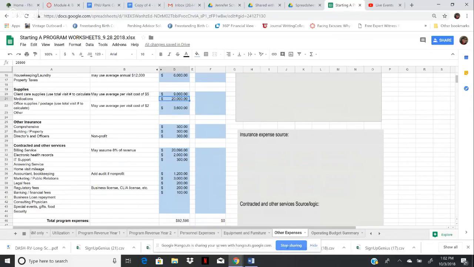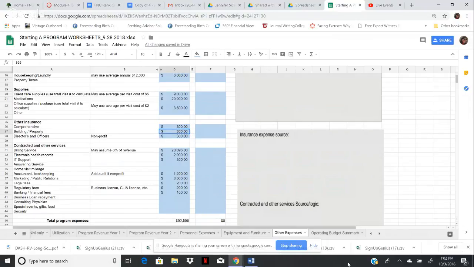And office supplies, again, you can use $2 per patient visit if you would like. Comprehensive insurance is also known as slip and fall insurance. So you would certainly want that.